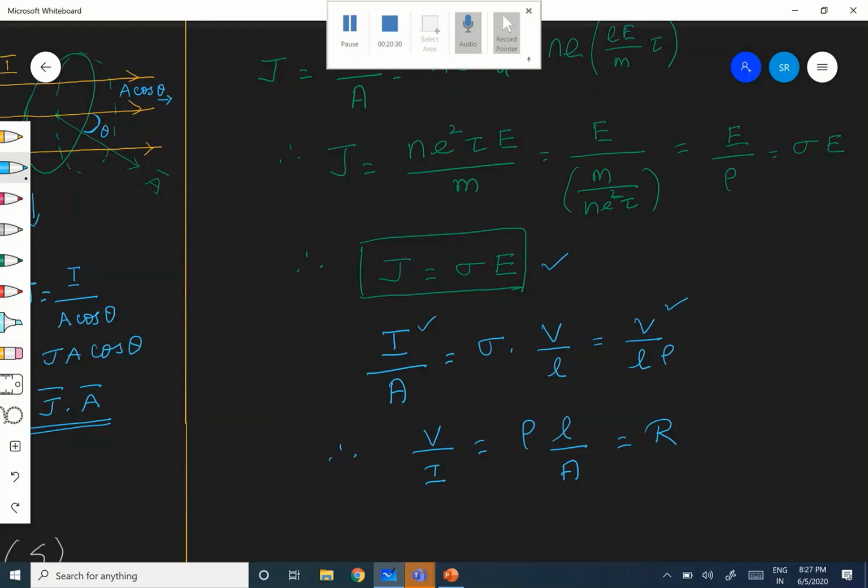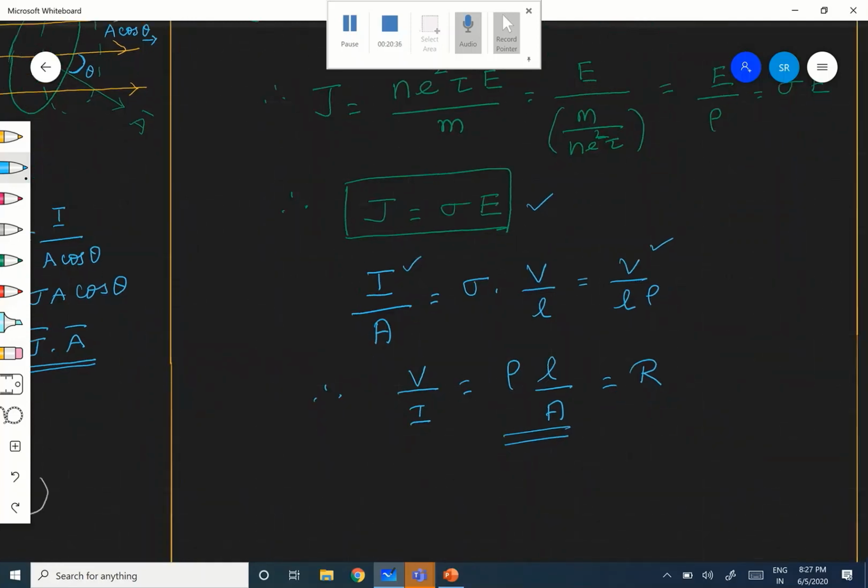V by I is equal to rho into L by A, and rho into L by A is nothing but R. J is equal to sigma E is very much similar to your Ohm's law. From that you are bringing V by I is equal to R. Therefore, you have arrived at Ohm's law.